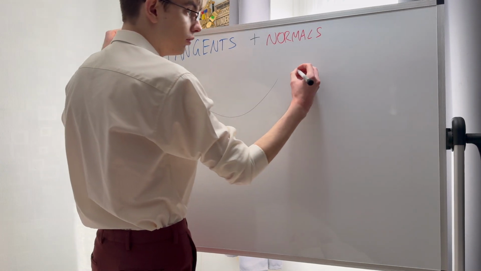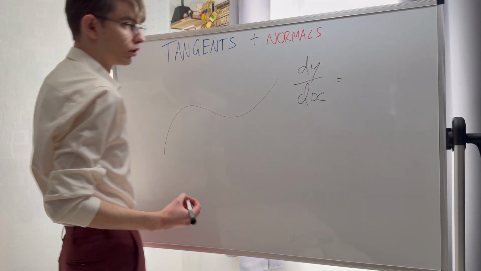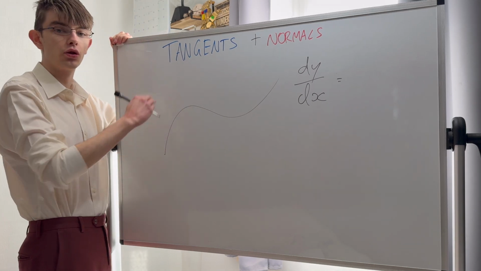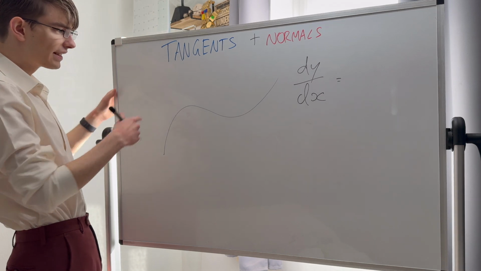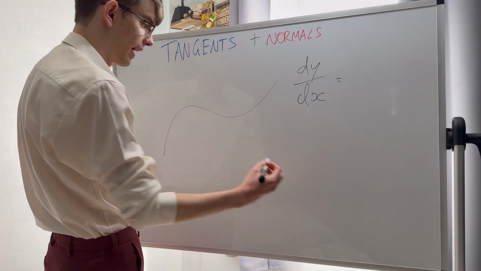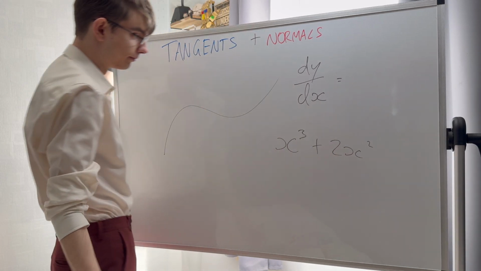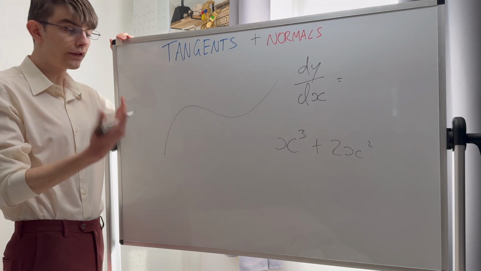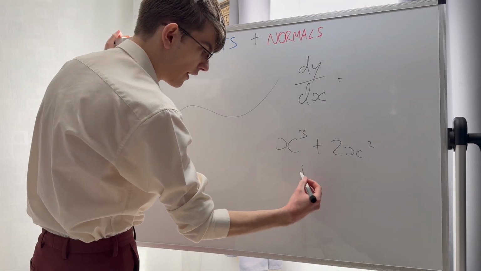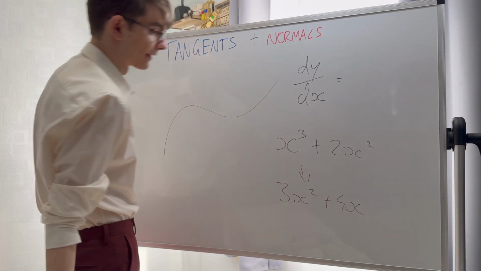We've already shown how to calculate the gradient, which is dy dx, and that tells us the gradient at a specific point. So, say this graph here is x cubed plus 2x squared. If I differentiate this, then I get 3x squared plus 4x.